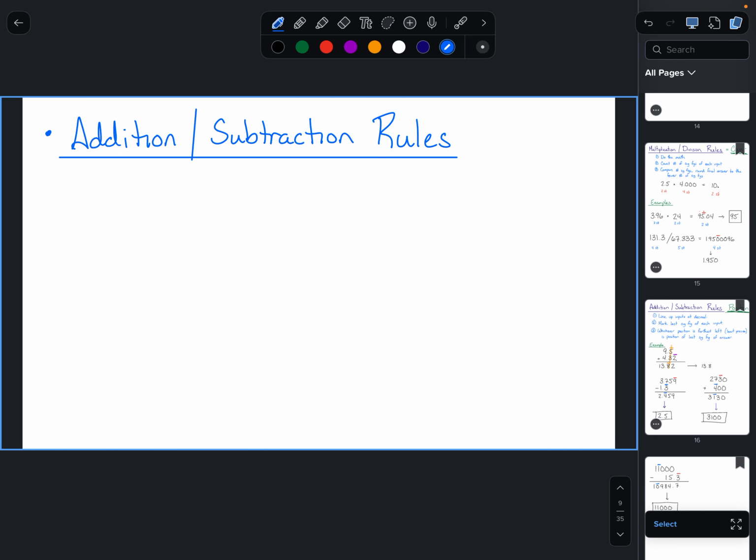Okay, so first of all, I'm going to leave some space right here at the top, and I'm just going to put down an example. We're going to do, let's say, 9.5 plus 4.32. Okay, step one, let's do the math.